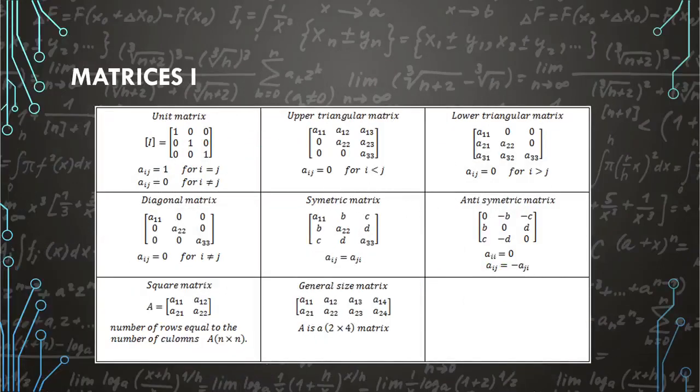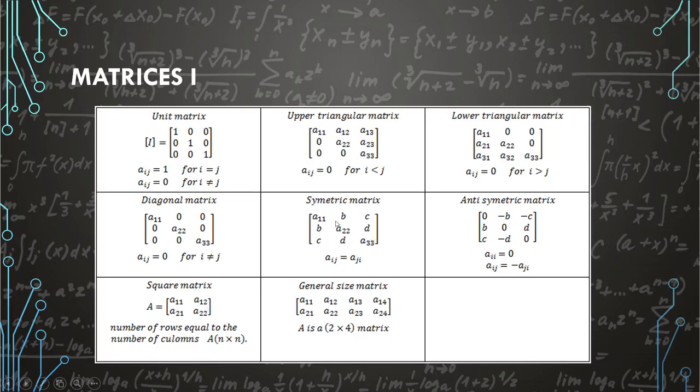Now matrices are very important. You can see the types of matrices here: unit matrix, upper triangular matrix with the lower portion filled with 0. Similarly, lower triangular matrix, diagonal matrix, symmetric matrix, antisymmetric matrix, square matrices with i equals j equals n, and general size matrices like this.